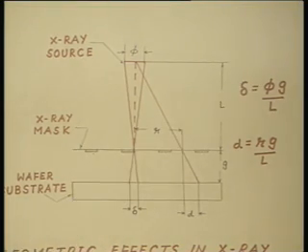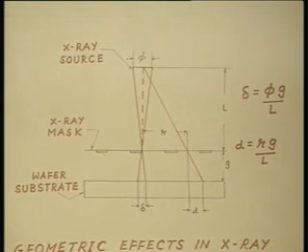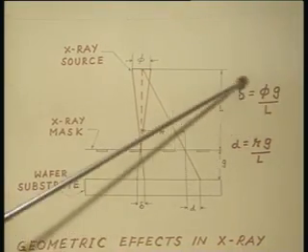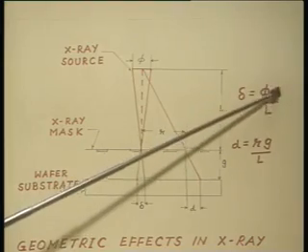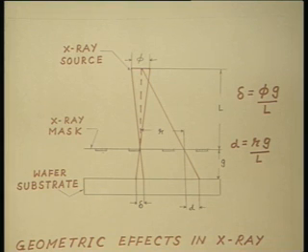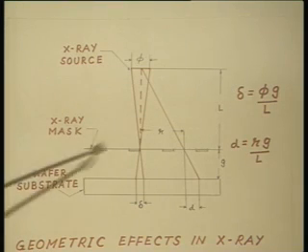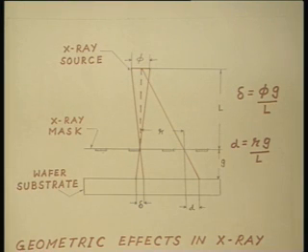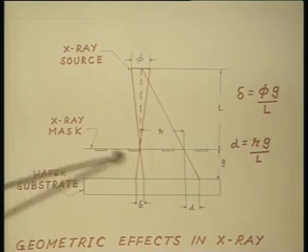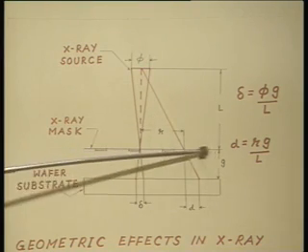So, delta is given by phi g by L. In actual case, this delta could be of the order of 0.02 to 0.05 micron. So, this is one problem with X-ray lithography. The other problem is, as we move away from the center of the mask, look at the patterns which are situated far away from the center.